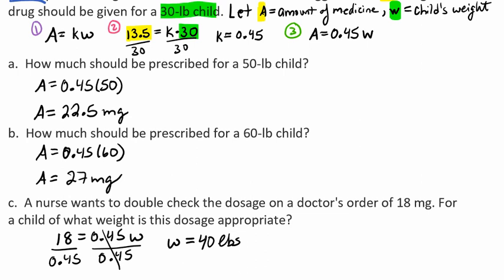Now notice that more medicine is given in proportion to a patient's weight. So a 60-pound patient weighs twice as much as a 30-pound patient, and the amount of medicine given is also twice as much. And this is consistent with direct variation.